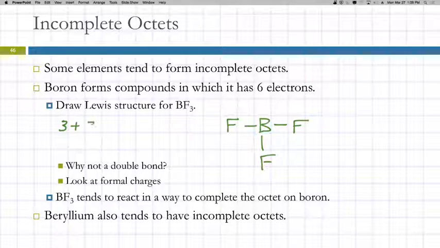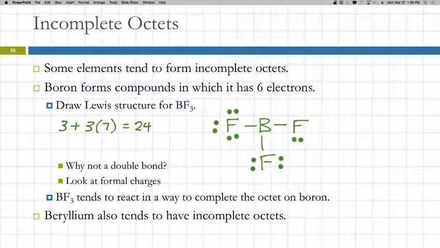And we've got 3 fluorines, and they each have how many? 7. So 21 and 3 is 24. So we've got an even number, that's nice. So we go 2, 4, 6, 8, 10, 12, 14, 16, 18, 20, 22, 24.